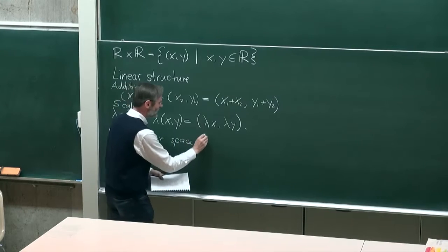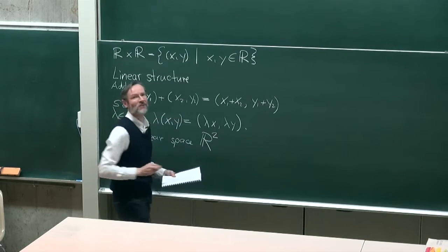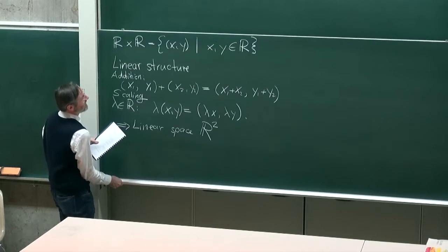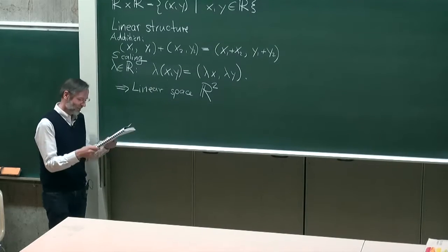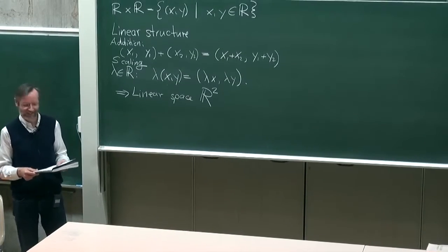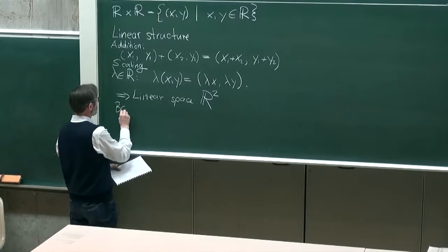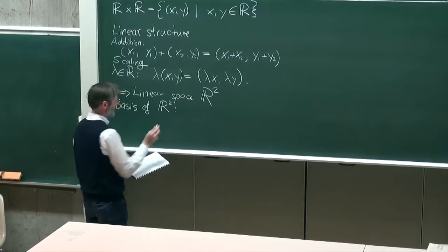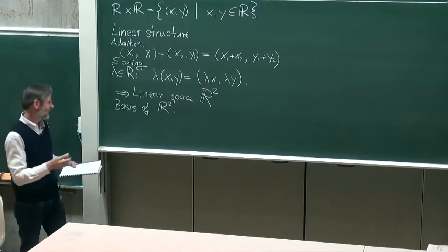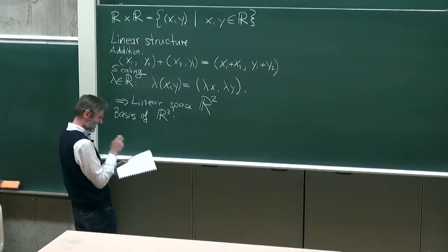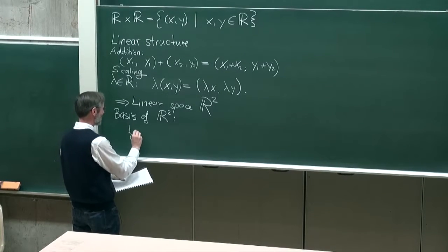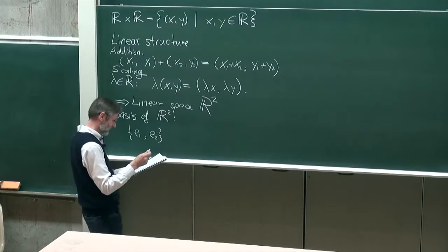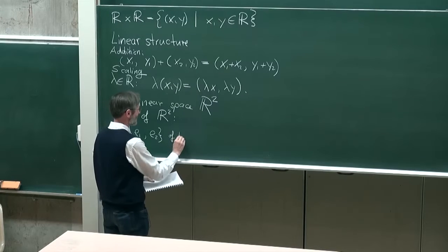So this makes it into a linear space, and this we call now R2. It's two-dimensional. And now we take what's called a basis of R2. So what is that? You take a basis, and this is E1 and E2 of R2.